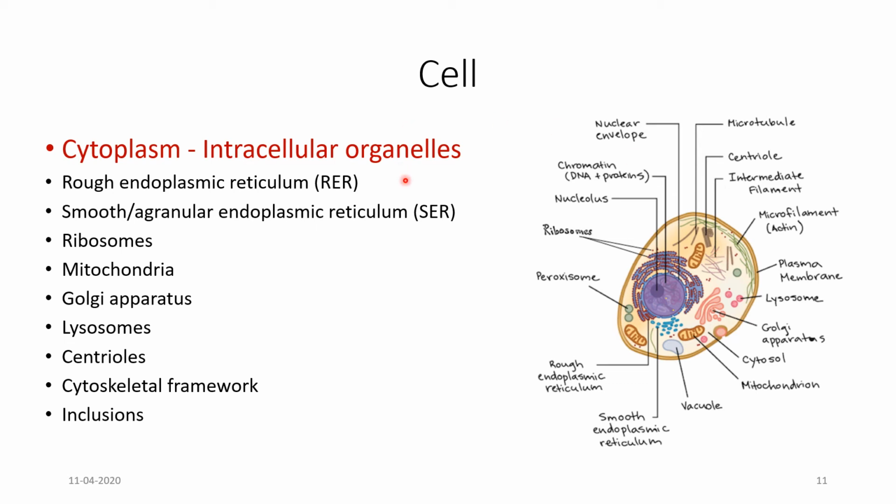So the various intracellular organelles are rough endoplasmic reticulum, smooth endoplasmic reticulum, ribosomes, mitochondria, Golgi apparatus, lysosomes, centrioles, cytoskeletal framework and inclusions. Now we will consider each one of it in brief.